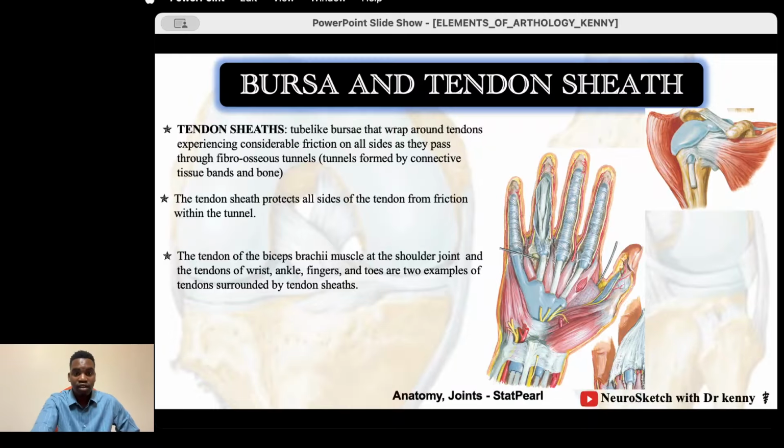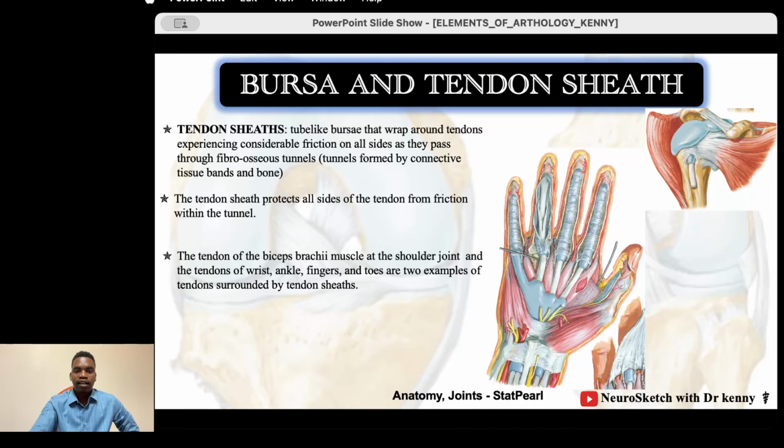For example, you see the tendons of the flexor digitorum muscle, but also here the tendon of the long head of biceps brachii, because it goes through the tunnel and all the way in this direction. It is covered by a tendon sheath to make sure that it does not wear off by the action on the bones.